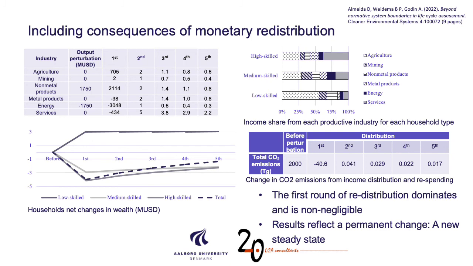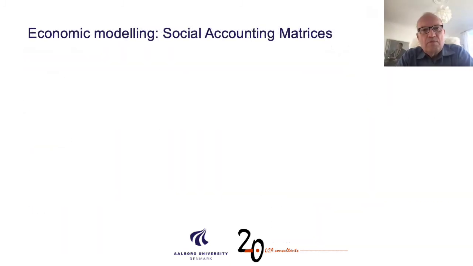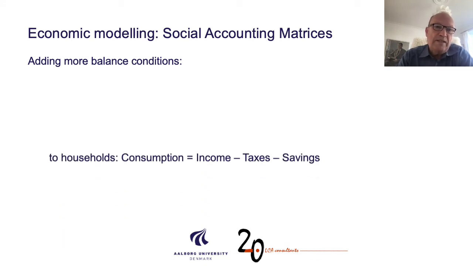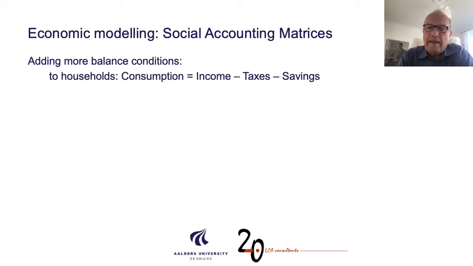So what you see here is an attempt to start thinking about how we deal with economic modeling. So we're moving, you could say, LCA in the direction of being able to handle more advanced economic modeling, like we do with social accounting matrices, where we're adding more balanced conditions to our system.